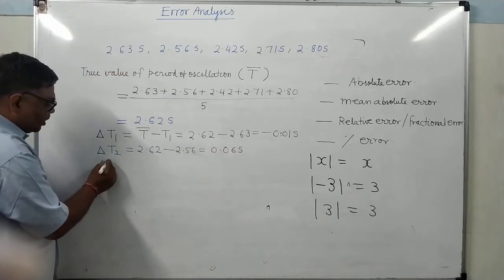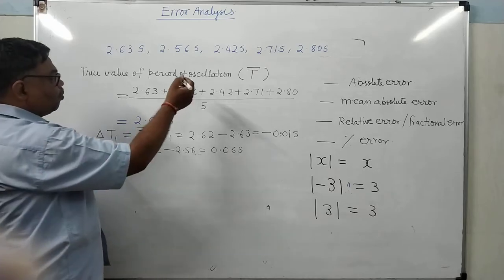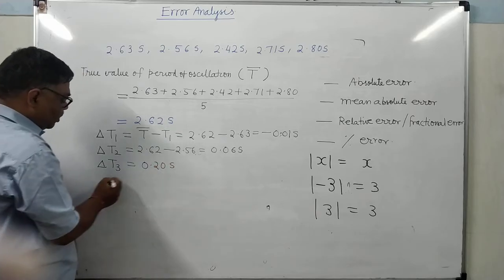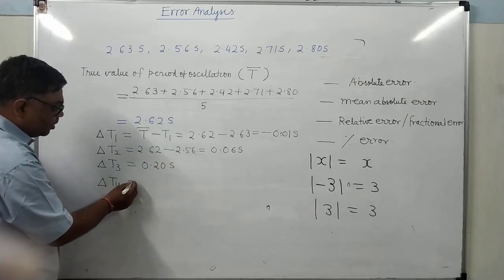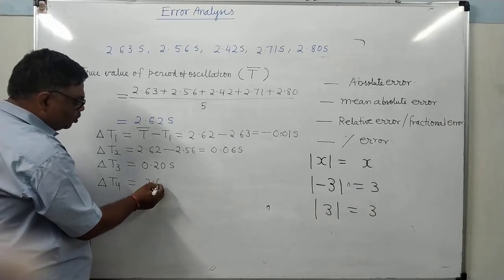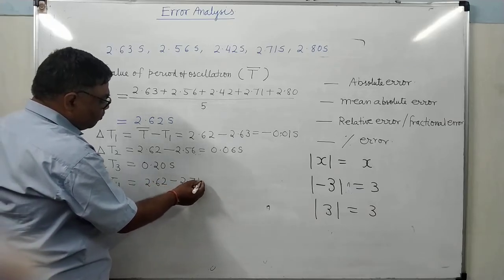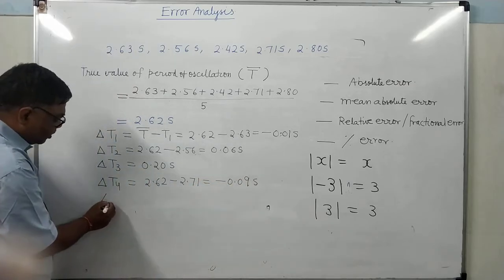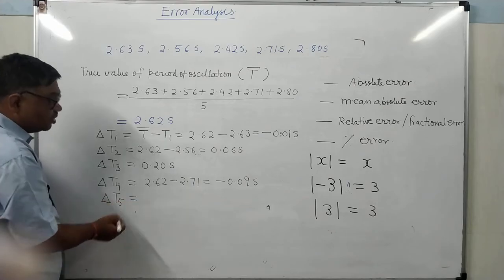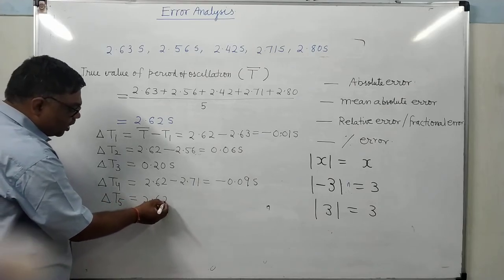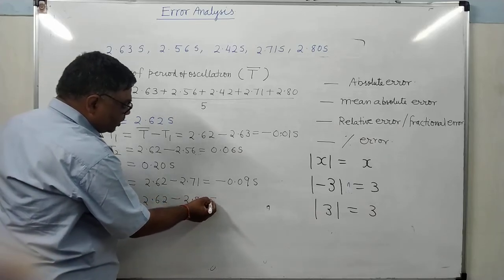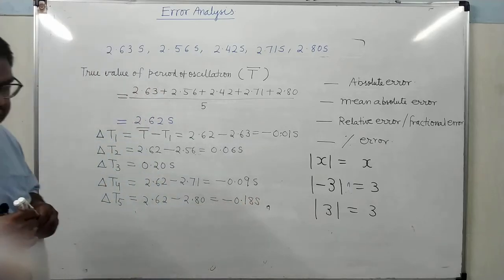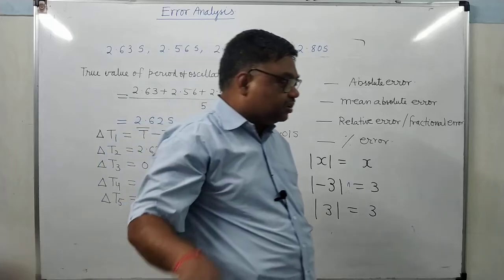Then I am writing directly delta T3, 2.62 minus that much, equals 0.20 second. Delta T4 will be 2.62 minus 2.71, that is equal to minus 0.09 second. And then delta T5 will be 2.62 minus 2.80, that is equal to minus 0.18 second. This way you can calculate the absolute error in each observation.